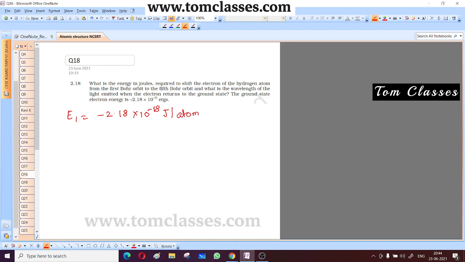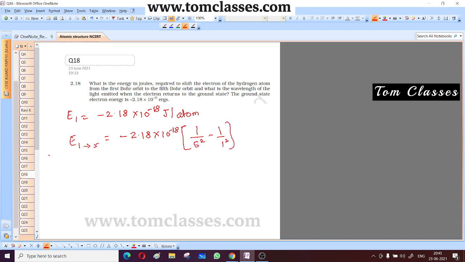Okay, so for the shift of the electron of the hydrogen atom from the first Bohr orbit to the fifth Bohr orbit, there will be an absorption of energy, right? So E1 to 5 is going to be minus 2.18 into 10 to the power minus 18, times final 1 by 5 square minus 1 upon 1 square, right?